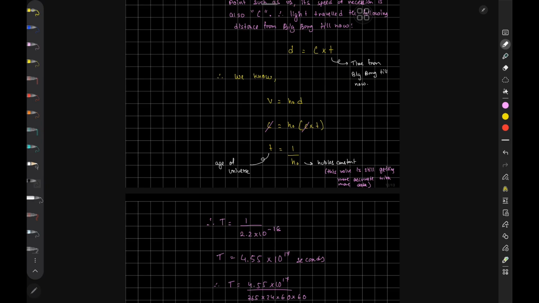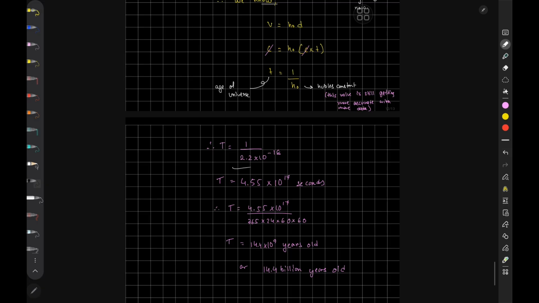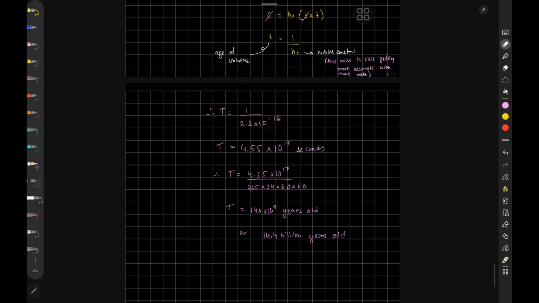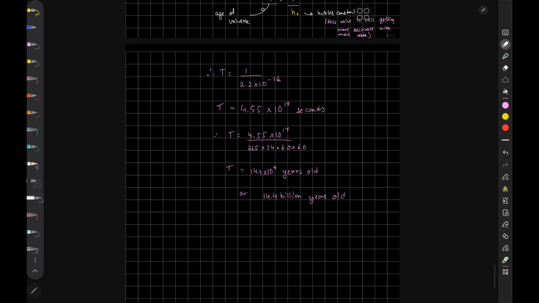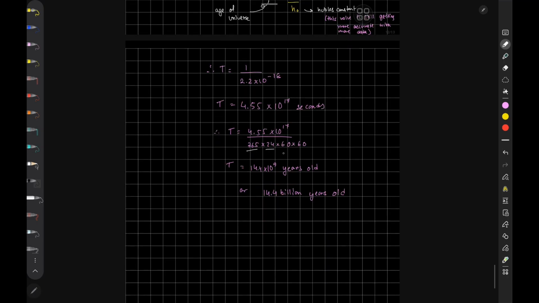So as H naught gets more accurate, we have a more accurate gauge of the age of the universe. Let's do a calculation. We know the Hubble's constant, which is 2.2 × 10^-18, and when you do the calculation, you get t equal to 4.55 × 10^17. Divide that by days, hours, minutes, and seconds, and what you will ultimately get is in terms of years.